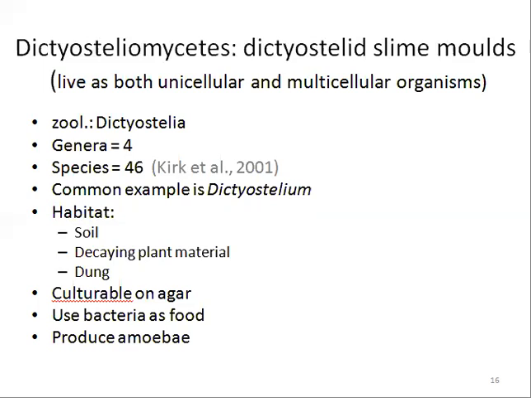The best known example is Dictyostelium, which has been so named because the stalk of its multicellular sporocarp appears as a network made up from the cellulose walls secreted by the amoebae from which it is formed.